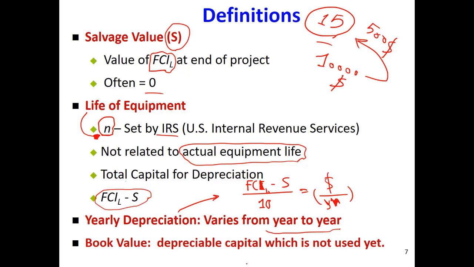Let's say you have some raw material that you have not yet used, or some new equipment, new cars that you have not yet used. You bought them, but you have not used them, so they still have their value. It's not yet depreciated because they are new.